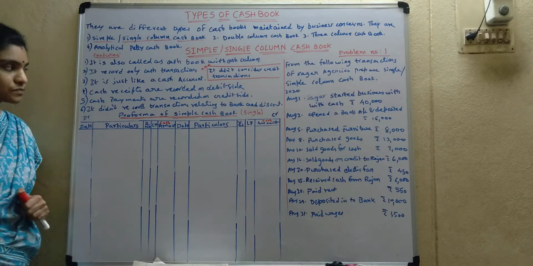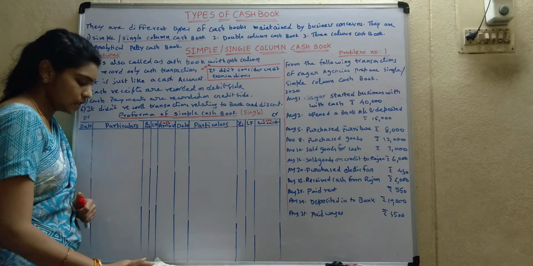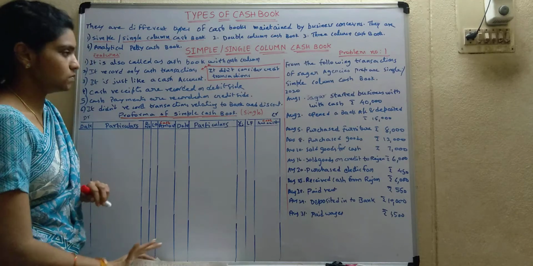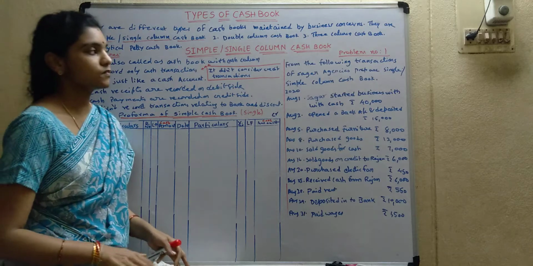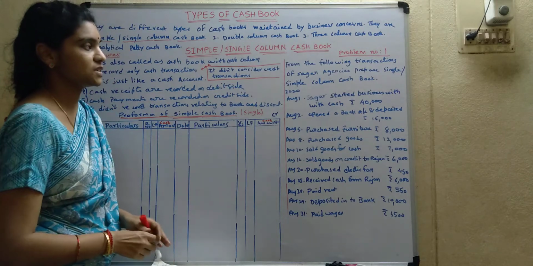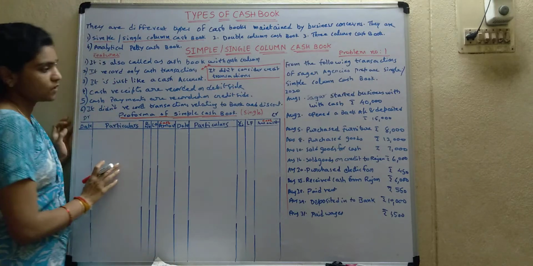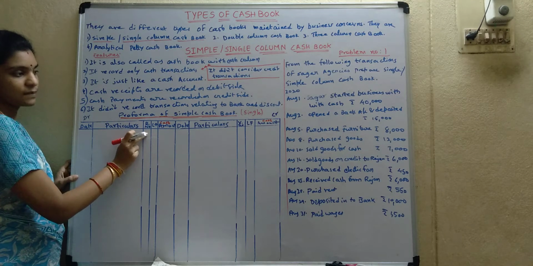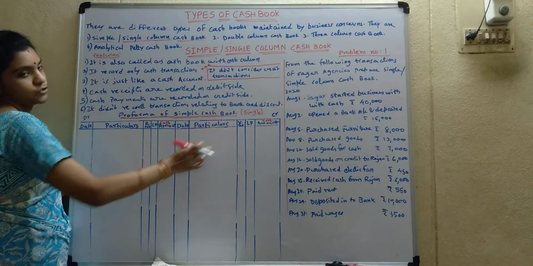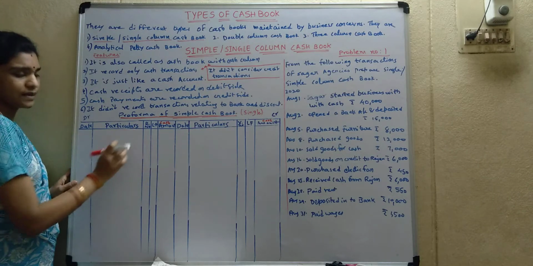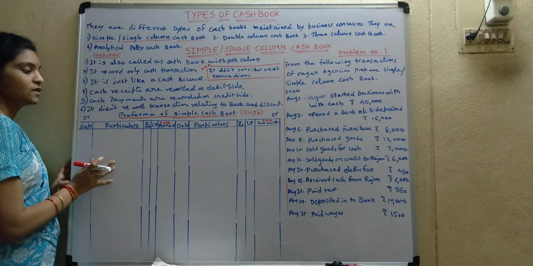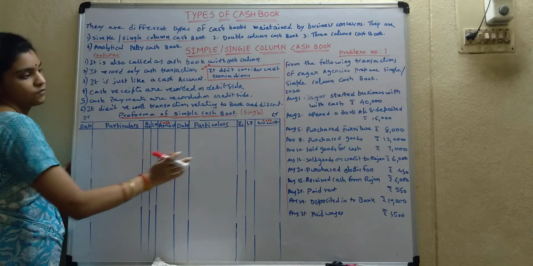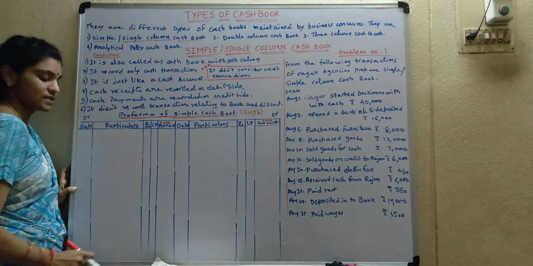Okay, and coming to the problem, from the following transactions. This is a pro forma of a simple cash book. In the last class we knew this is the receipt number, and V number means voucher number. R number means receipt number. It is noted on the debit side and voucher number is noted on the credit side. Okay.